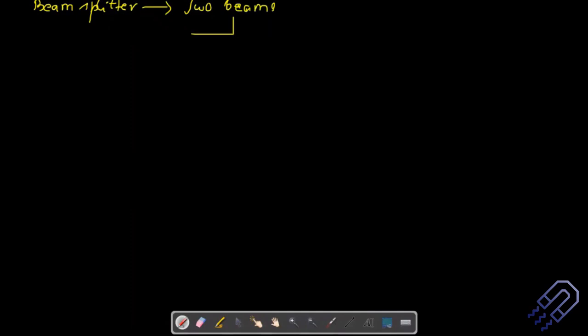And what are those two beams going to give information about? The first beam will have a fixed length. Out of the two beams, one beam will follow a fixed length, with no variation.